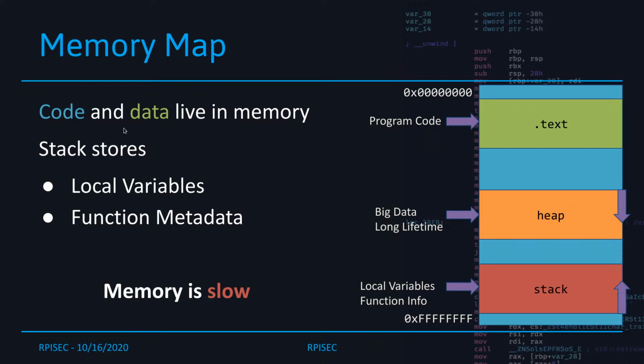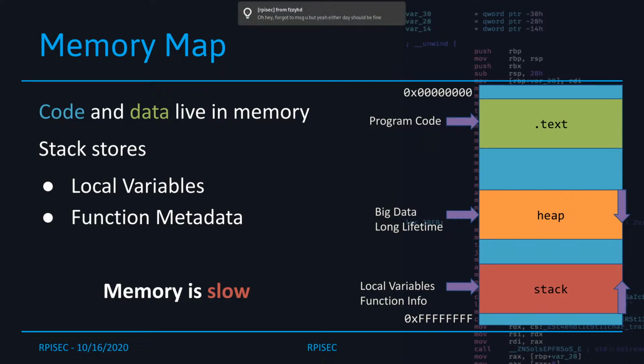So the stack is storing local variables. If you have a function and you have a variable i within that function, that's going to be stored in the stack. It also stores some really interesting and exciting function metadata. We talked about how when you call a function, the computer needs to know where to return to.